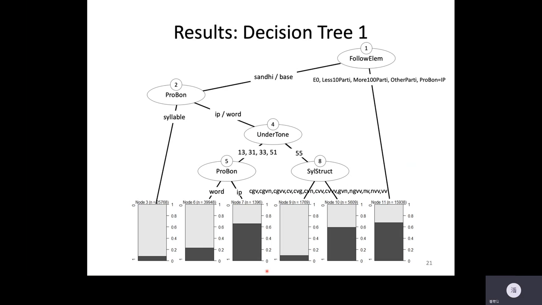So in other words, there's a lexical propensity effect on Sandhi and base tone alternation. So in sum, there's a morpho-syntactic effect and prosodic effect, as well as a lexical propensity effect on Sandhi and base tone alternation.